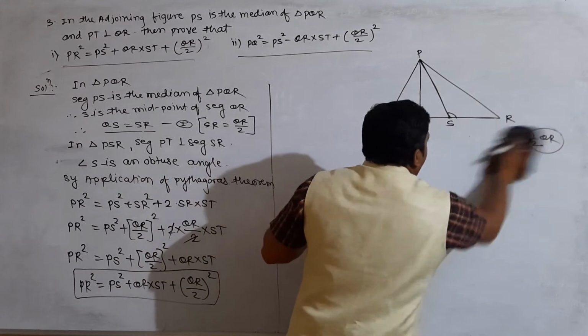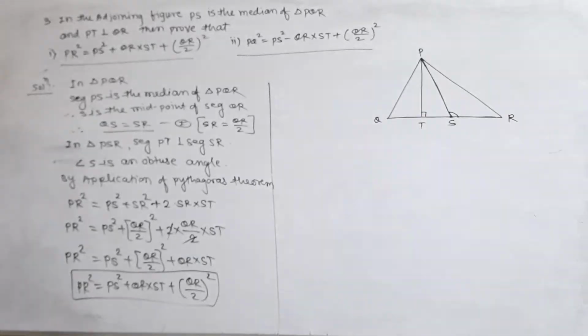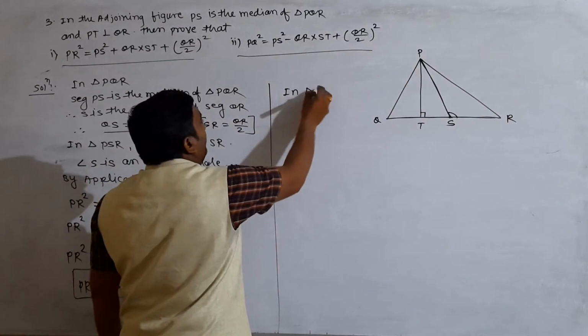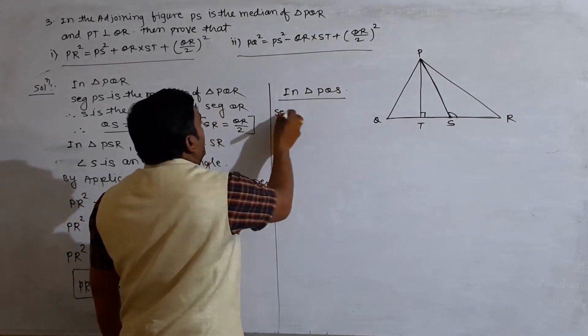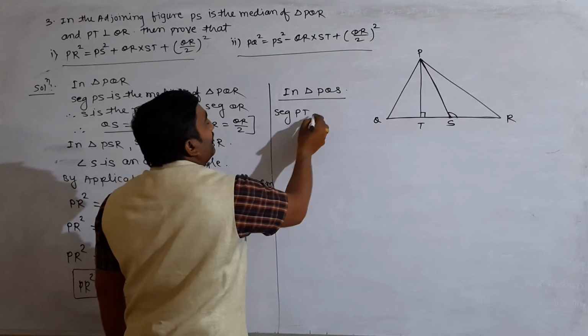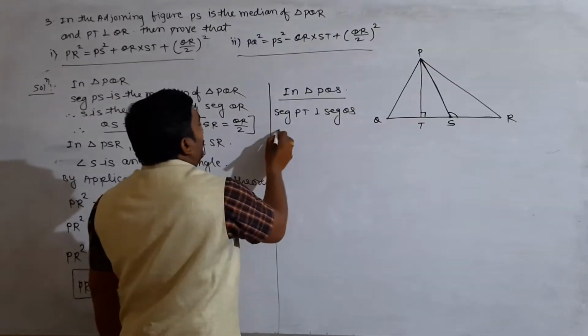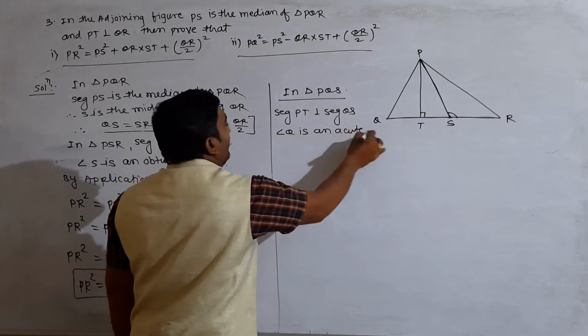In the second proof also we have to use the application of Pythagoras theorem. So in triangle PQS, segment PT is perpendicular to segment QS. But remember that angle Q is an acute angle.